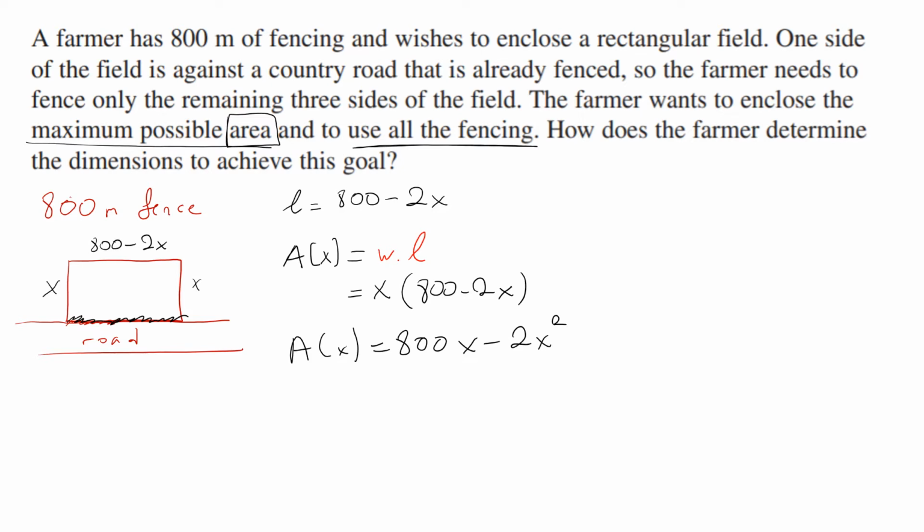In terms of x, the lowest x can be is 0 obviously, and the highest it can be, I have 2x over here, so I cannot say 800 because I also have the other x over here which uses fence. So I can divide by 2 and say the highest I can possibly get is 400.